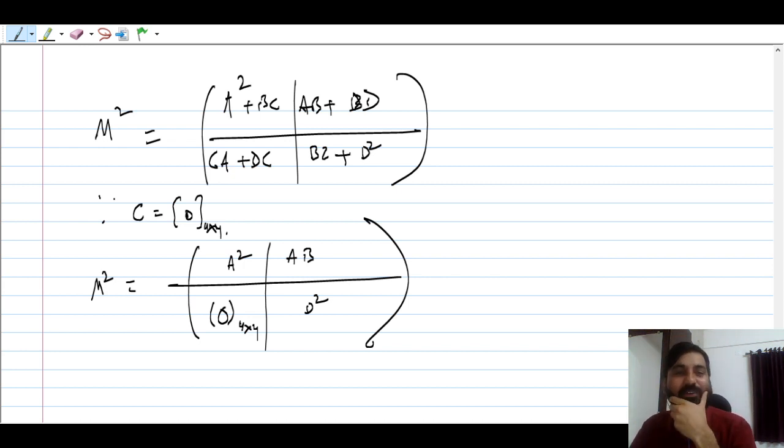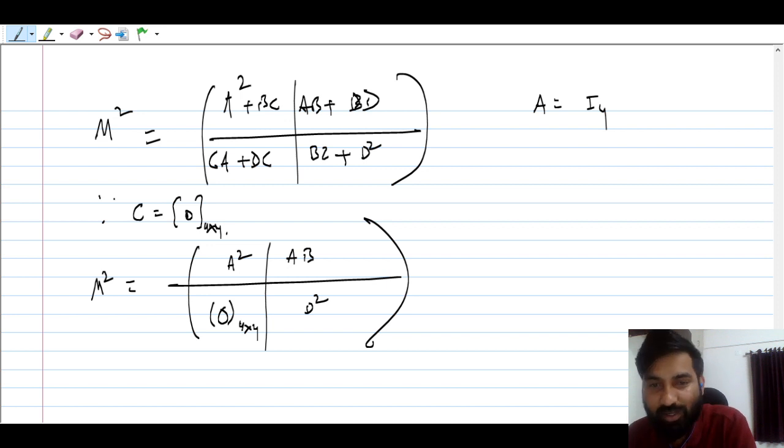Understood all? सबको समझ आया क्या ये चीज? So it's a very simple one, right? A square आपको find करना है. And what is this A square? Anybody? See, A is nothing but I4, the identity matrix of the 4 by 4 order. What is the A square? Can somebody tell me what is the square of any identity matrix?